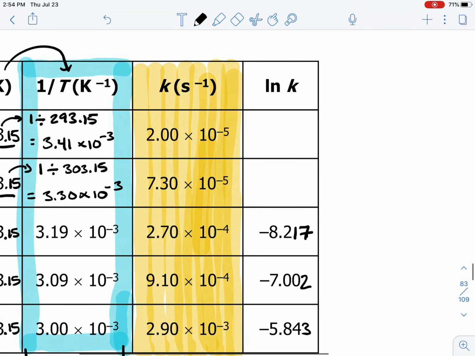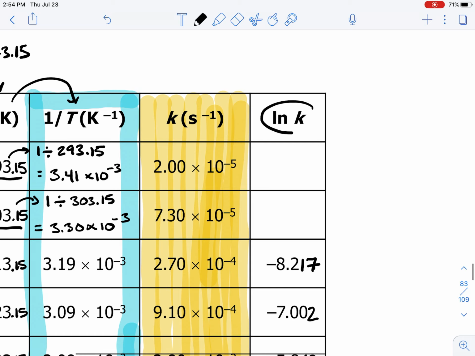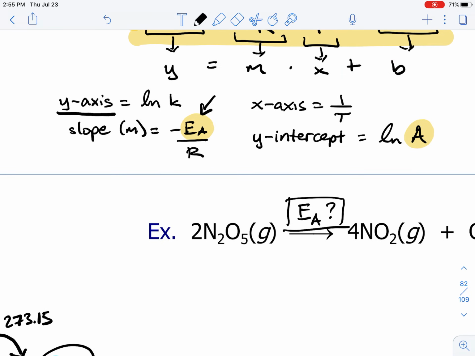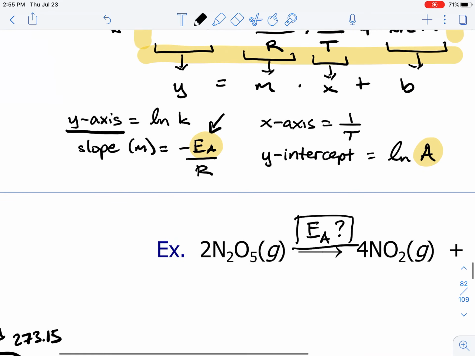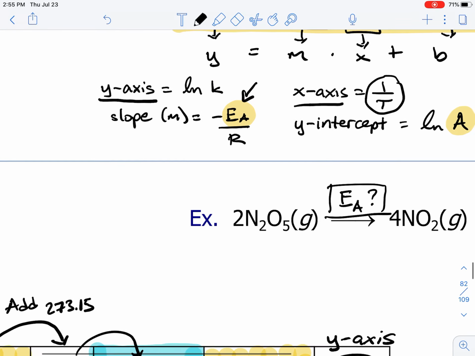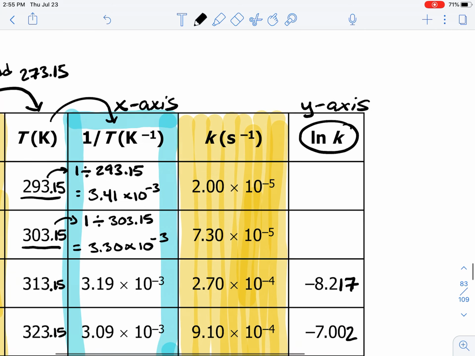All right, and so if you guys recall, the natural log of k is going to represent the y-axis on your graph. So this is going to be the y-axis. And the reciprocal of temperature is going to represent the x-axis. And so this is the x-axis in your graph.